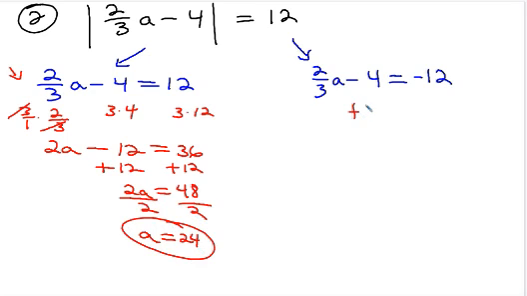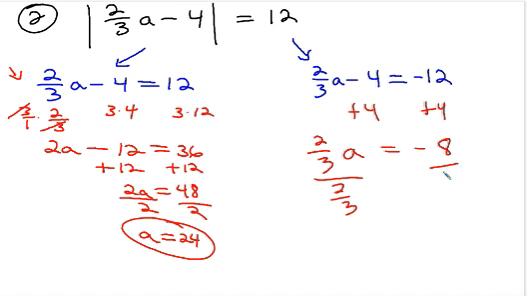So I would add 4 to both sides. And I get 2/3 a equals -8. And the other way that I said that we could do this problem is to divide both sides by 2/3, which means on the right side I have to multiply by the reciprocal, because this is -8 divided by 2/3.